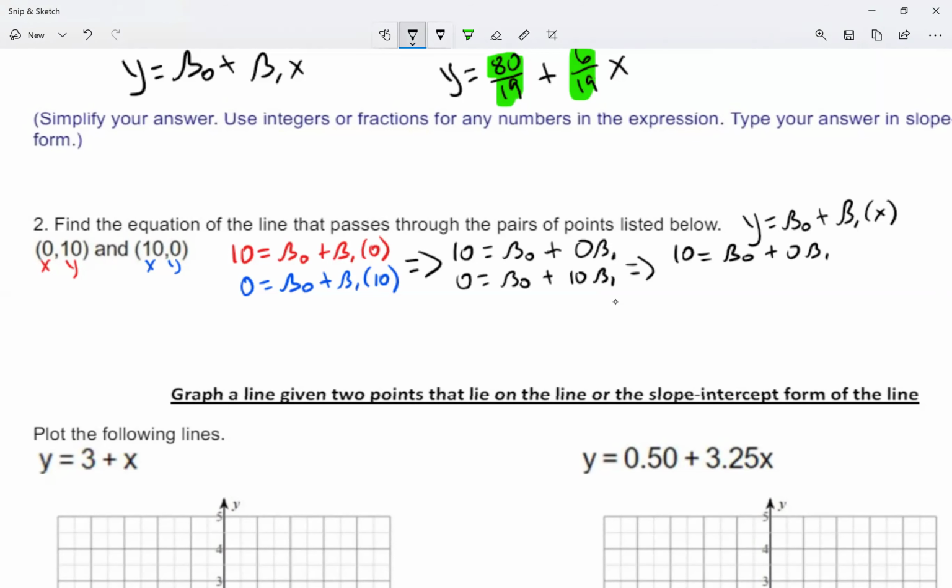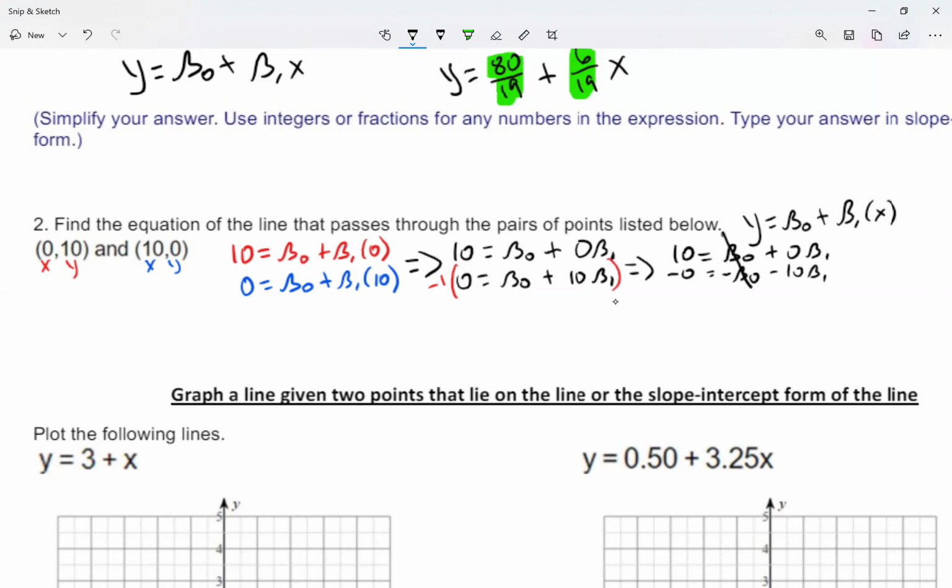On the bottom, let me multiply everything by -1. That gives me -0, same thing as 0, but I'm going to write it as -0 is equal to negative beta 0 minus 10 beta 1.